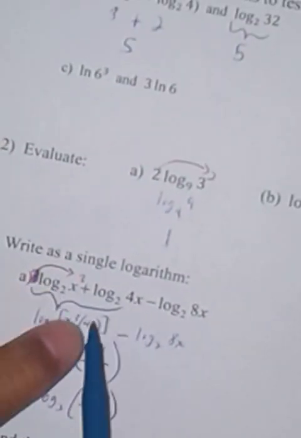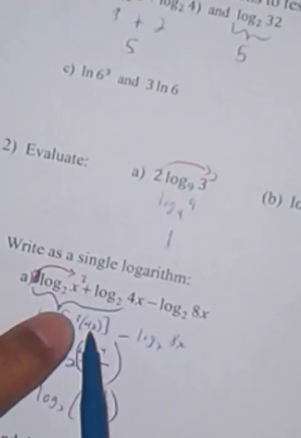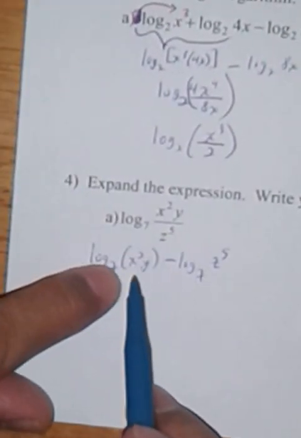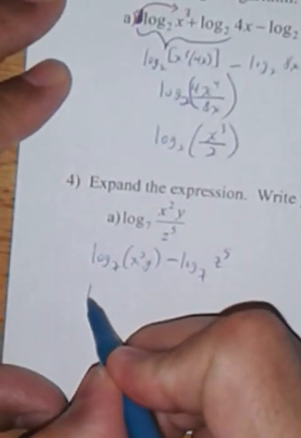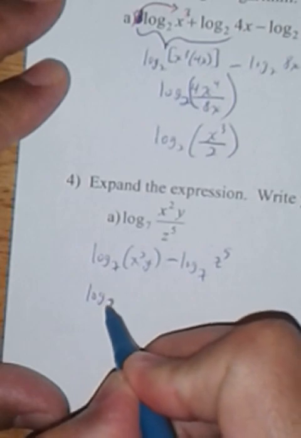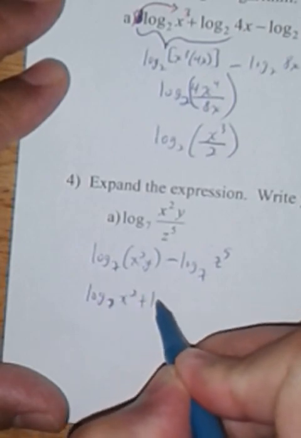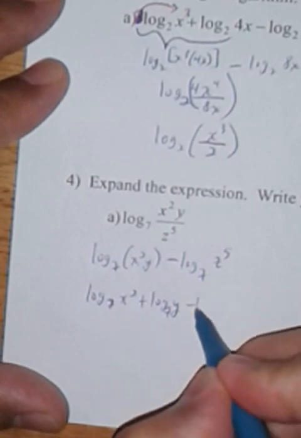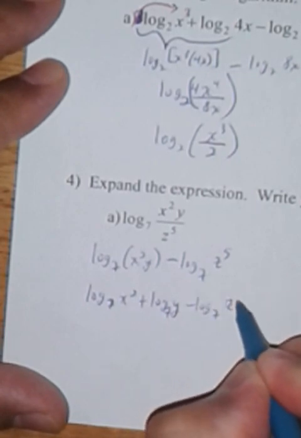Okay. All right. Now multiplication. Remember, addition turned into a multiplication. The addition of two logs turned into a multiplication of the arguments. So this multiplication of the arguments will turn into an addition. This will be log base 7 of x squared plus log base 7 of y, minus log base 7 of z to the fifth.